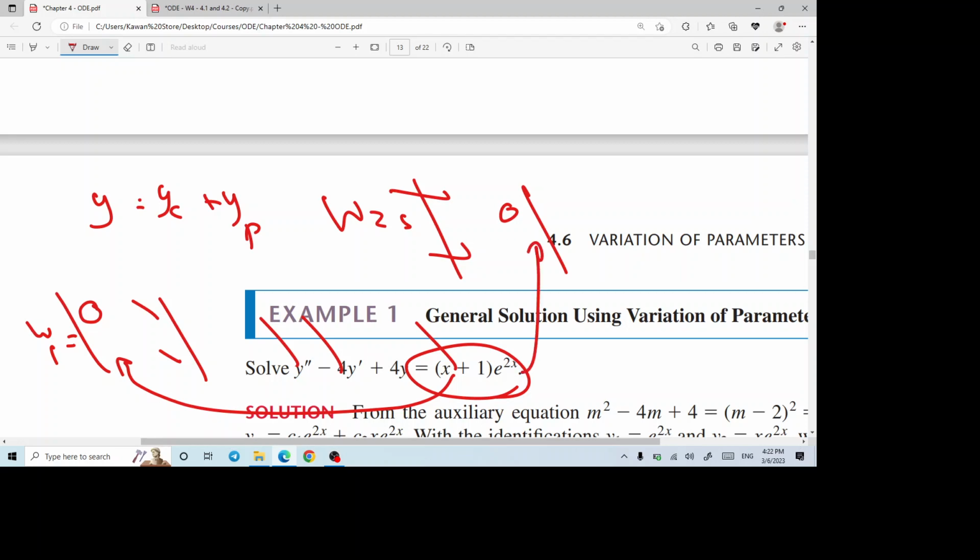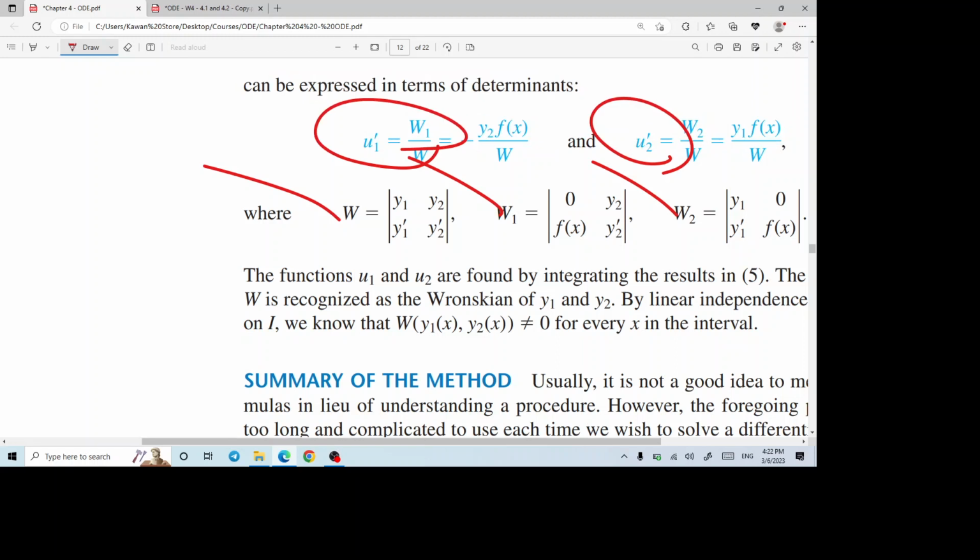Understood, dears? So now you understand what the 0 and f of x are in W1 and in W2. Shall I repeat it?